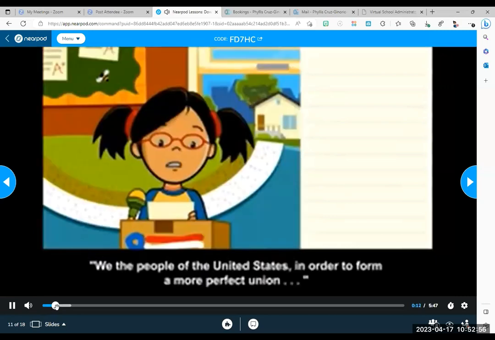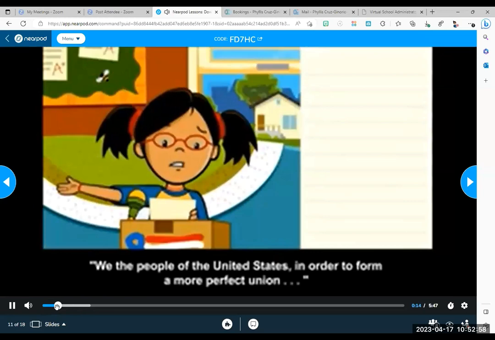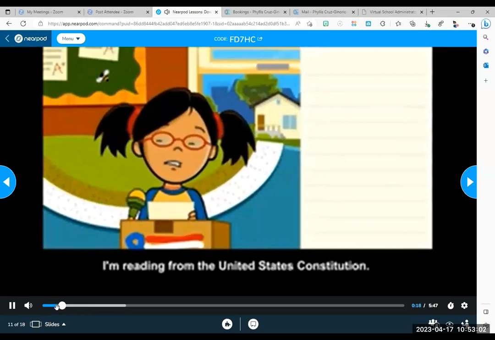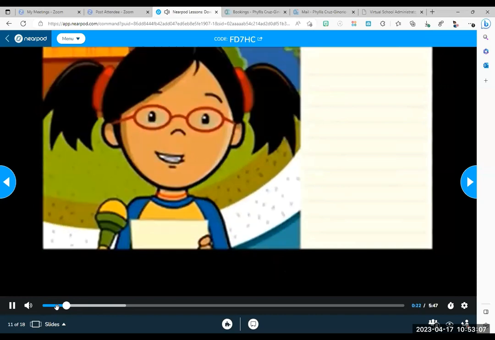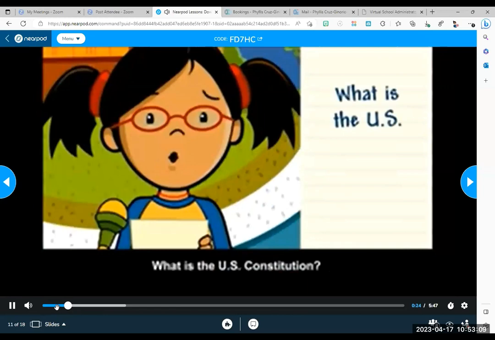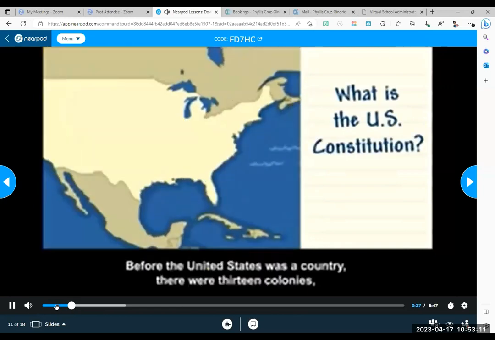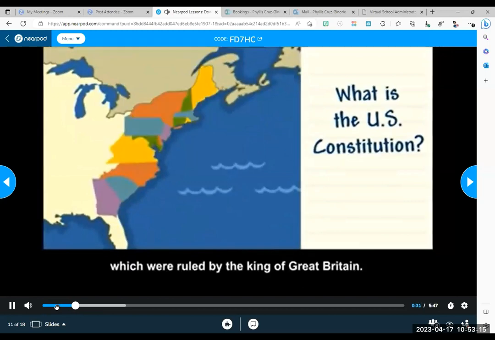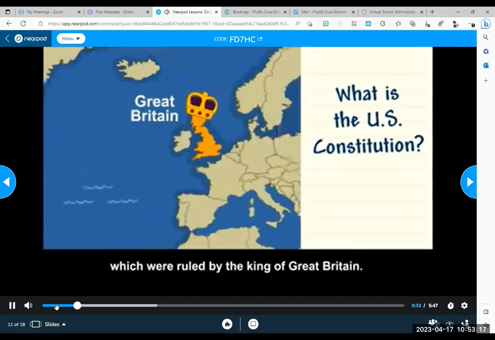We, the people of the United States, in order to form a more perfect union. Oh, the preamble. I'm reading from the United States Constitution. What is the U.S. Constitution? Before the United States was a country, there were 13 colonies, which were ruled by the King of Great Britain.